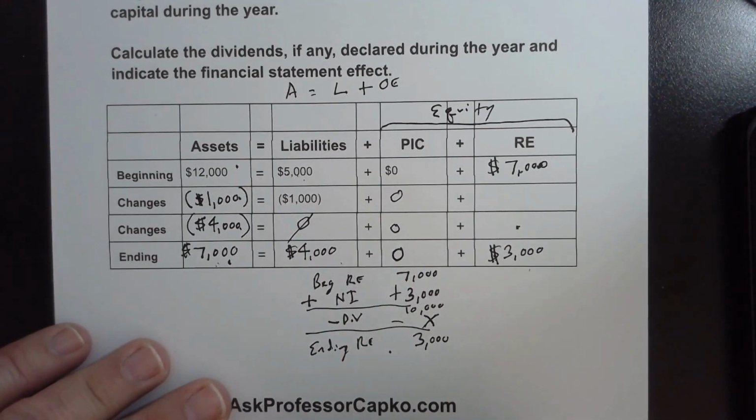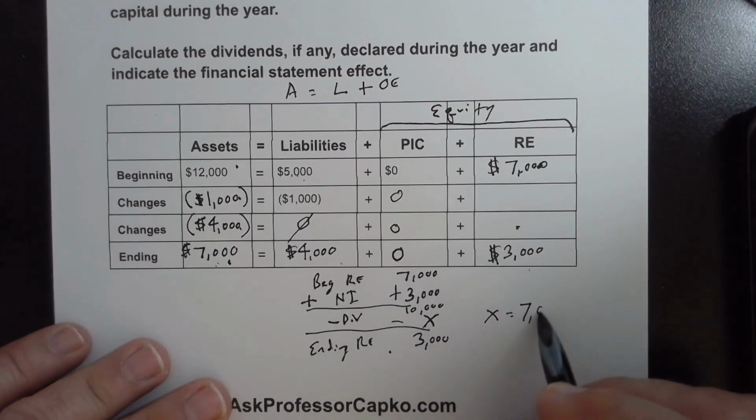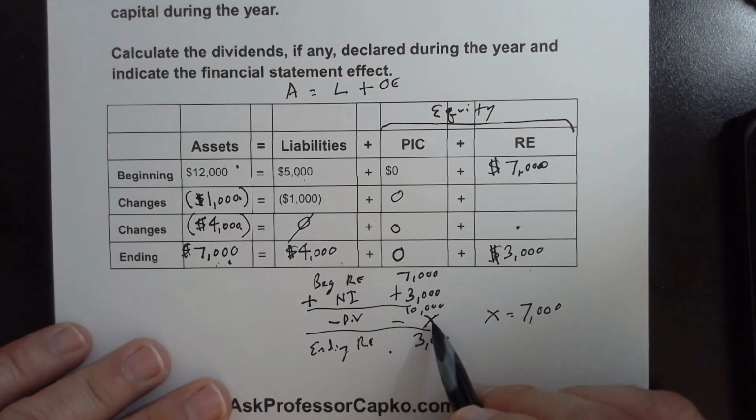If our number here is 10,000, what do we subtract to get to 3,000? Well, X is going to be 7,000, right? 10,000 minus 7,000 equals 3,000.